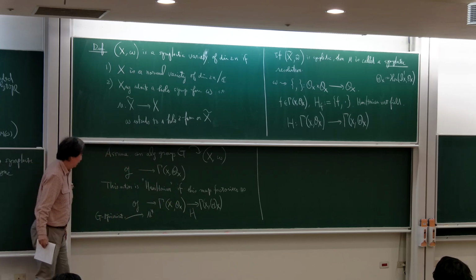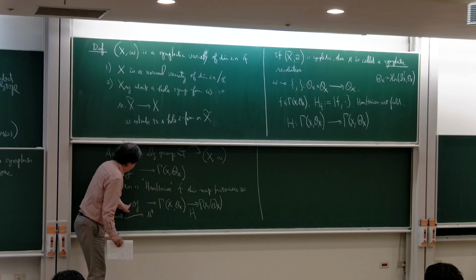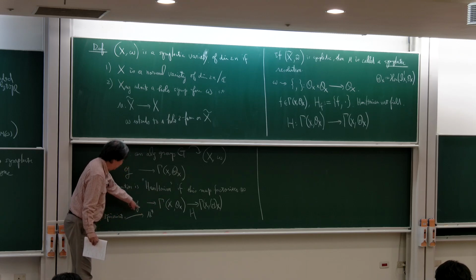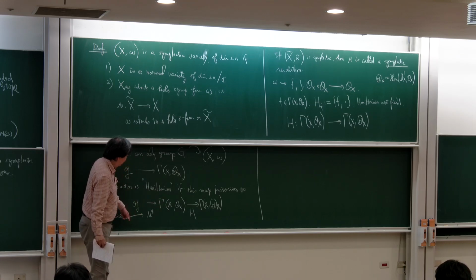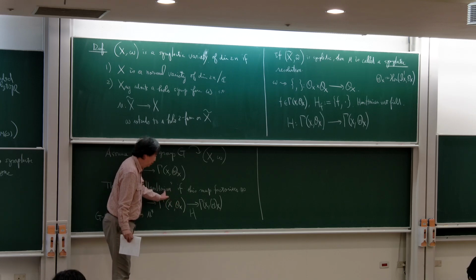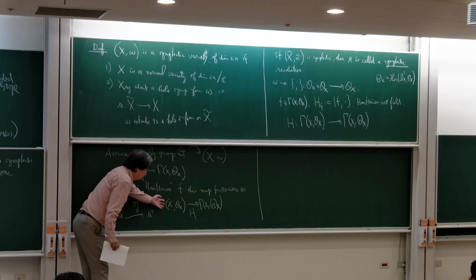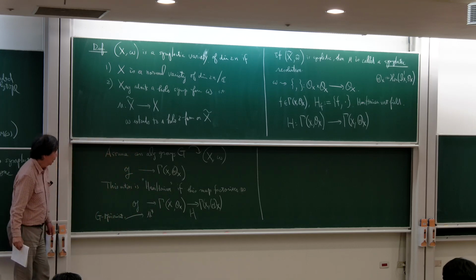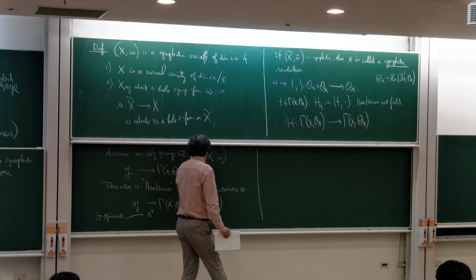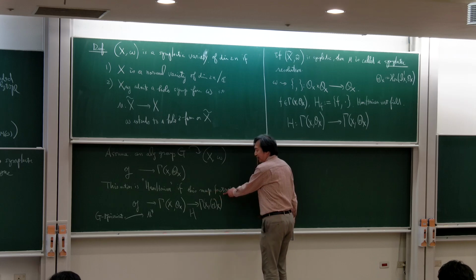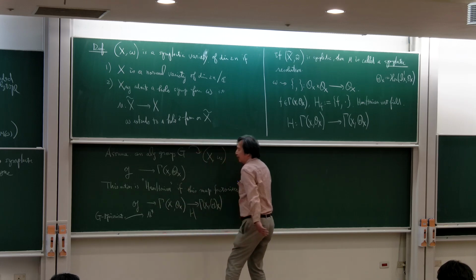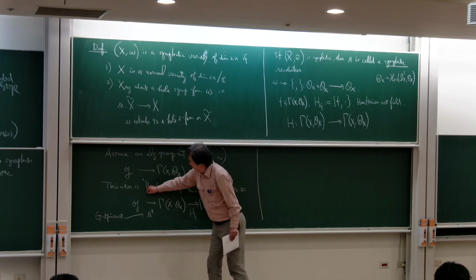And moreover, it preserves the bracket. Here you have a Lie bracket, and here you have a Poisson bracket. So this mu star preserves both brackets. So if this map factorizes as follows, then it is called Hamiltonian.